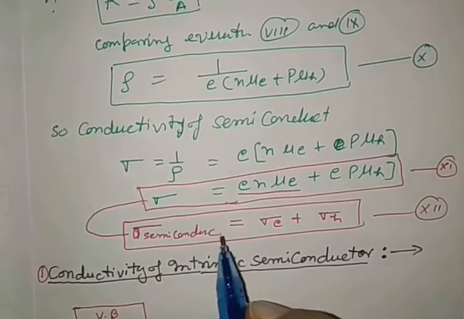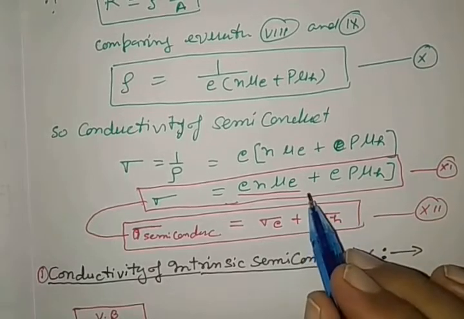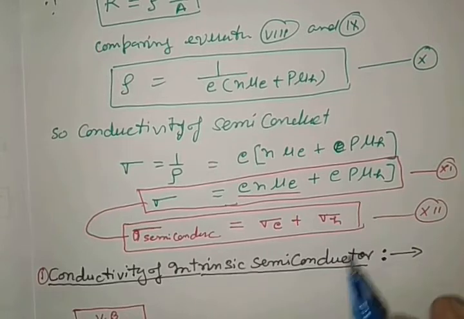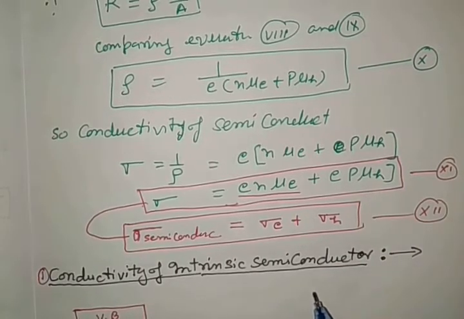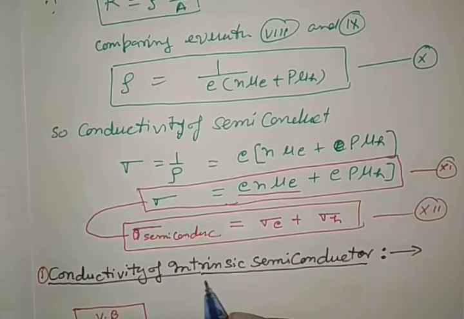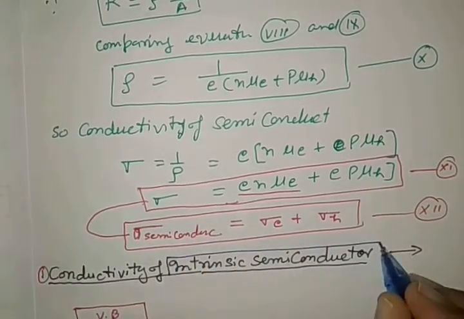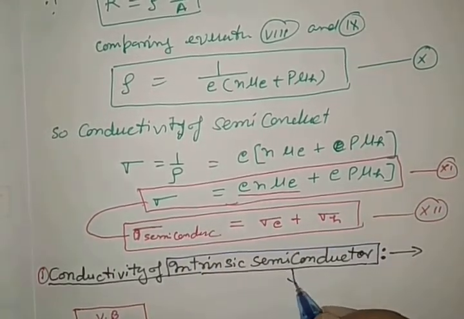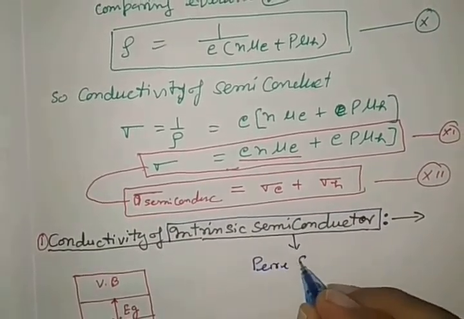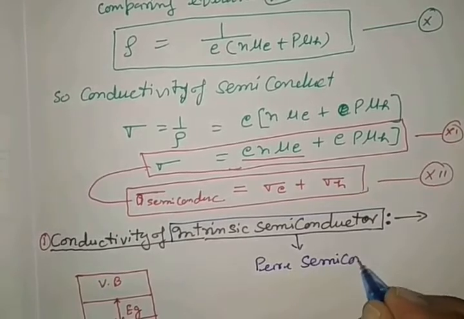Now we are going to modify this formula according to intrinsic or extrinsic semiconductor. First of all we are going to see the conductivity of an intrinsic semiconductor. An intrinsic semiconductor, as we know, is a pure semiconductor.